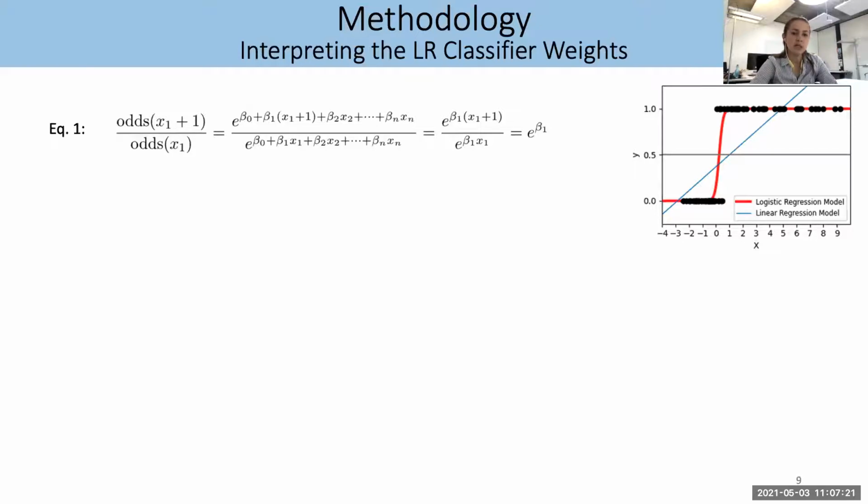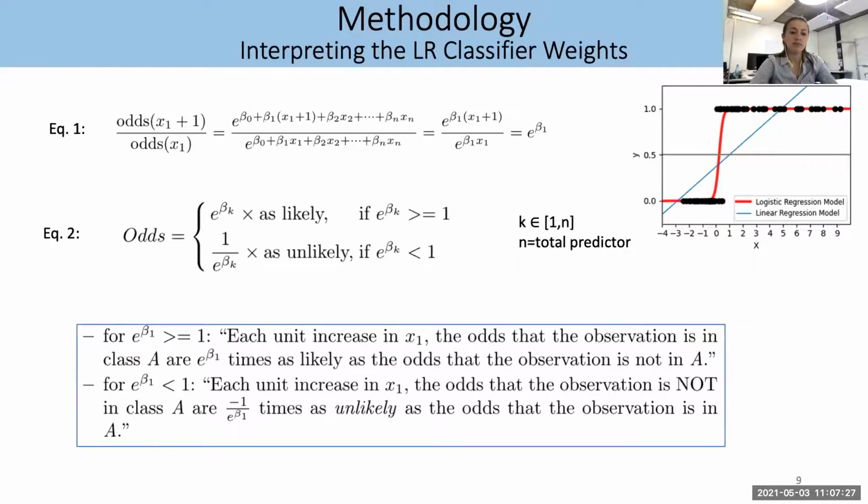This is seen in equation 1, which then leads to this definition of how to read the odds: if the odds are greater than 1, then a high value of the feature connected to that weight leads to a higher chance of belonging to that class.